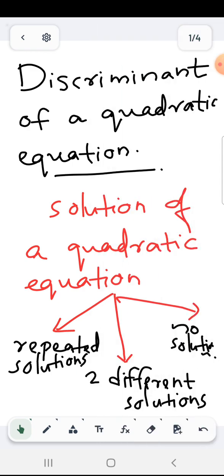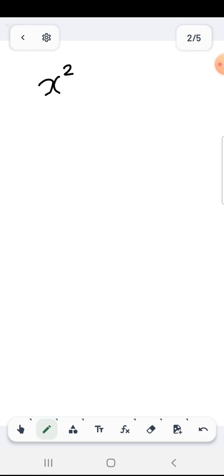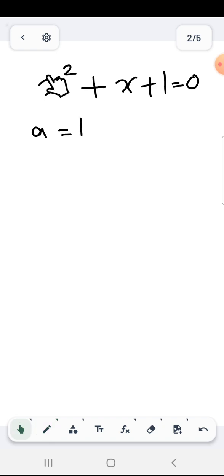For example, if we have a quadratic equation x square plus x plus 1 equal to 0. So here a is 1, the coefficient of x square, and the coefficient of x is also 1, and the constant term is also 1.